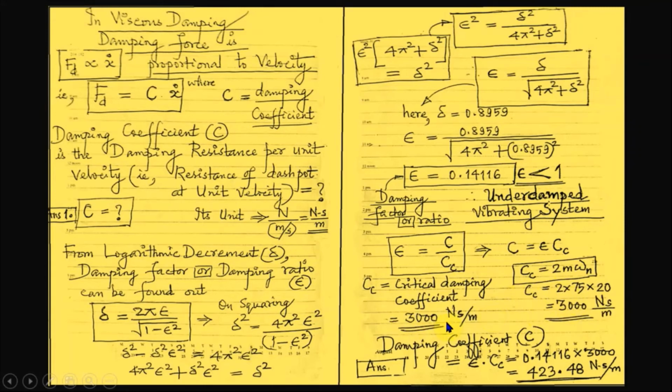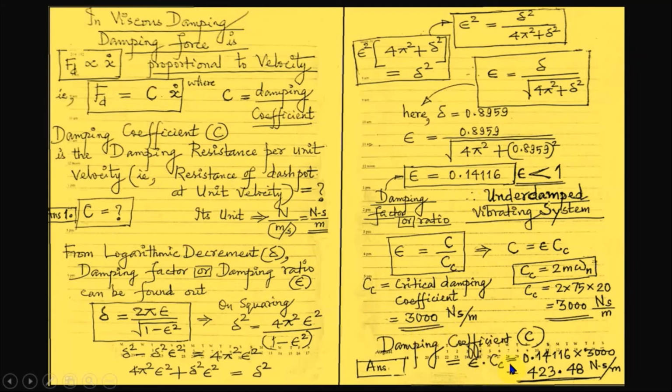So that is 3000 Newton second per meter, and epsilon, the damping factor or damping ratio, is 0.14116. If you make use of these two, you can get the damping coefficient C. So damping coefficient C is equal to epsilon into Cc. Epsilon is 0.14116 and the critical value Cc is 3000.